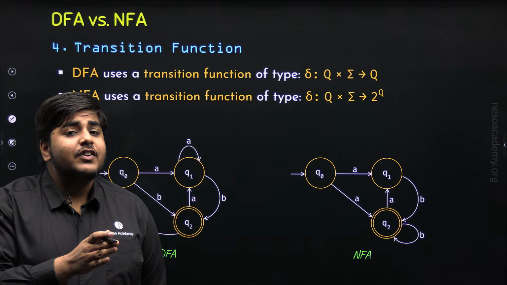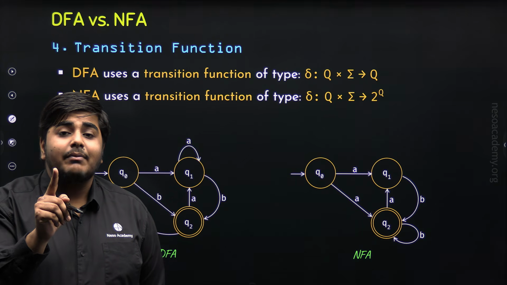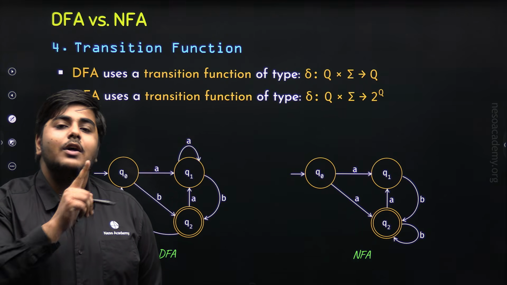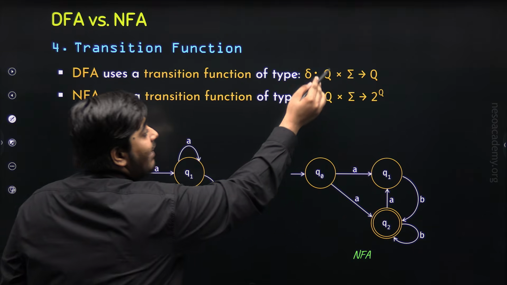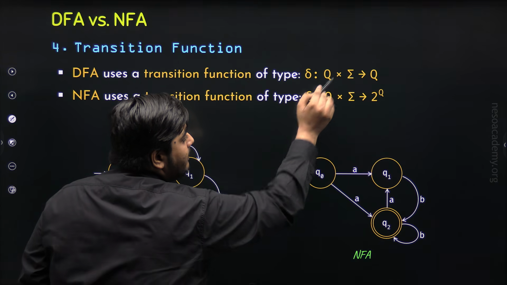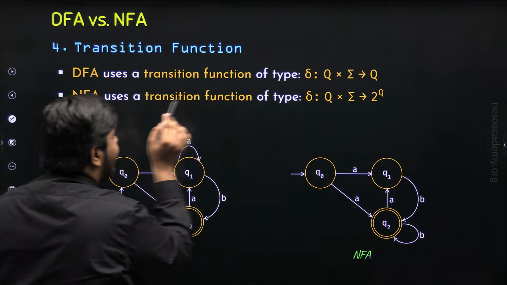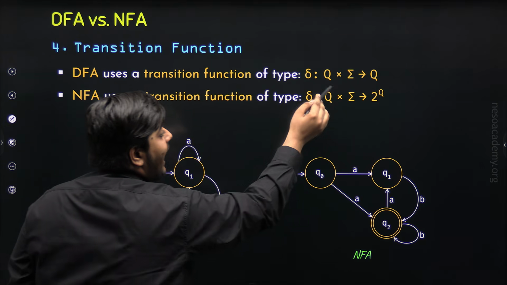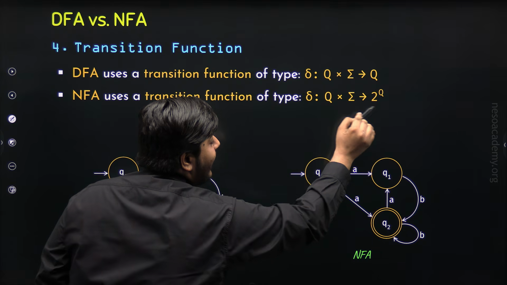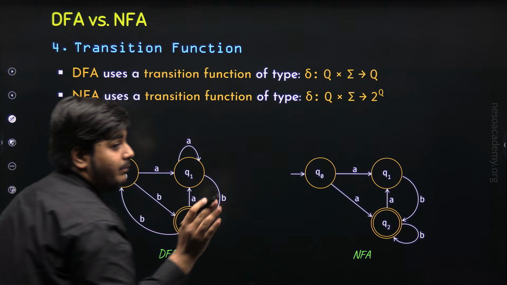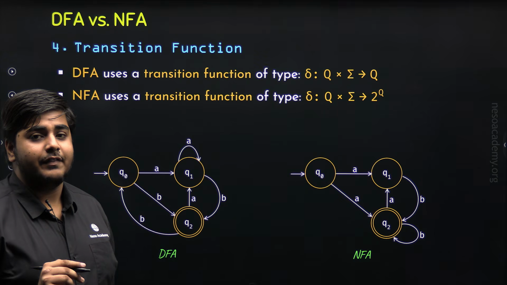And in the 5-tuple representation of DFA and NFA, only one element was different, and that was the transition function. In case of DFA, we have the current state, we have the input symbol, and we have only one next state. While in case of NFA, we have the current state, we have the input symbol, but there is a set of next states. That means more than one next state can be possible in case of NFA.